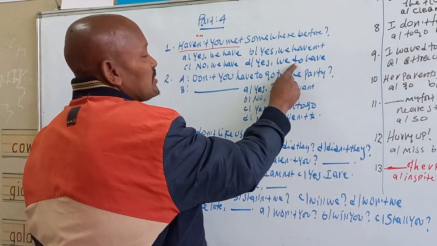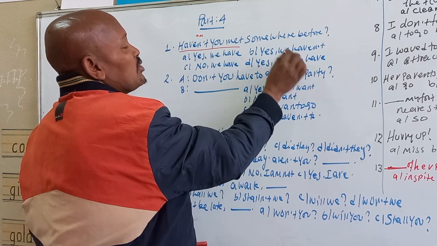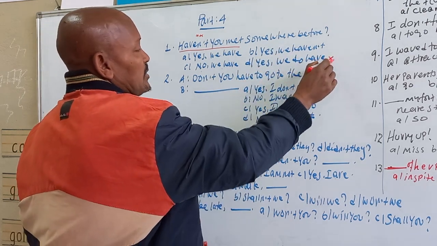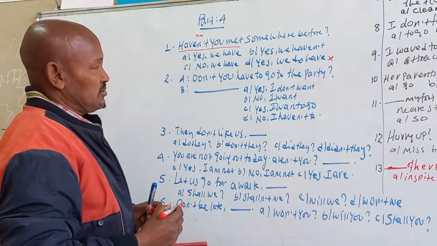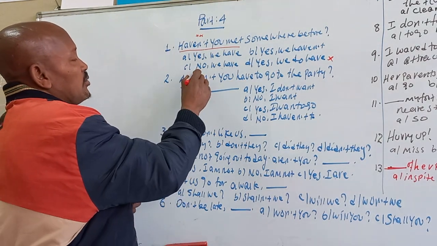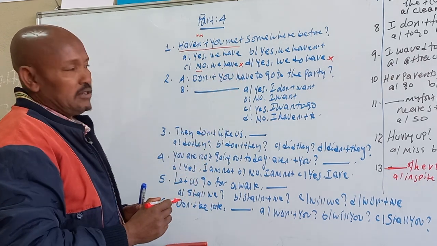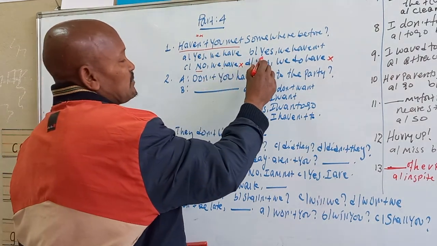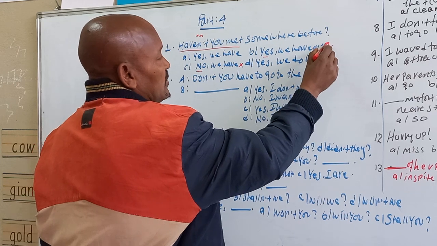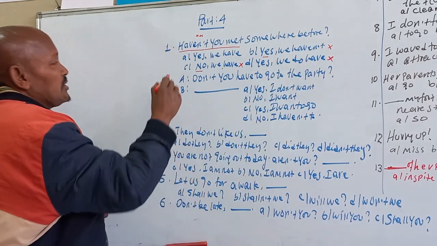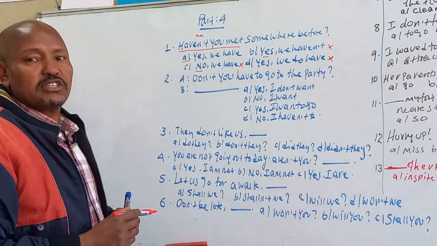The question doesn't begin with the word do, so this is not the answer. You simply reject it from the given distractors. And see here, this is negative and this is positive, so this is not the answer still. And see, this is positive and this one is negative, this is not the answer still. So you simply answer A.